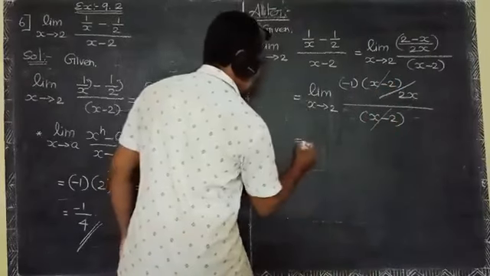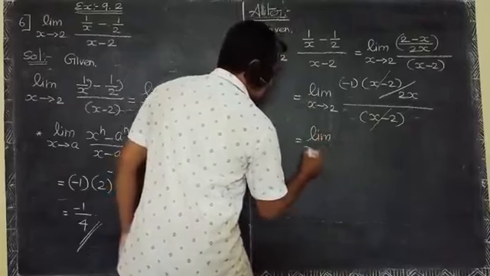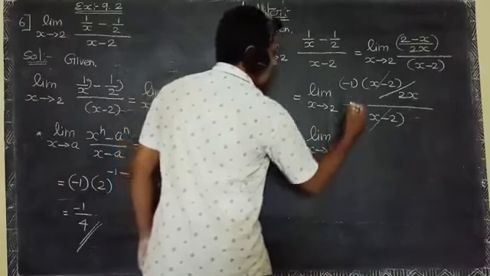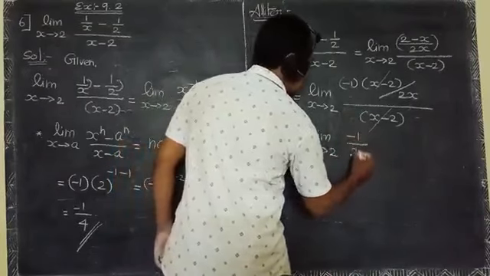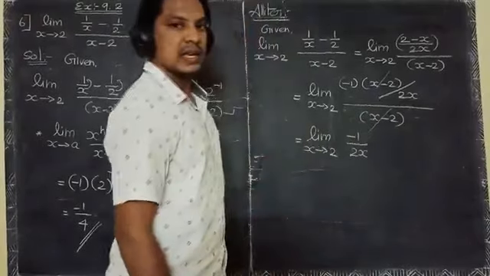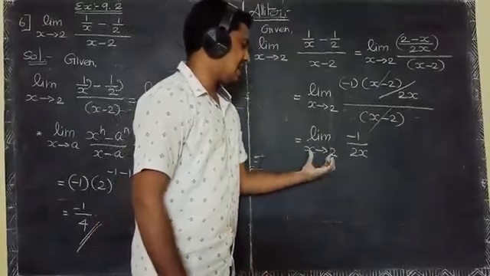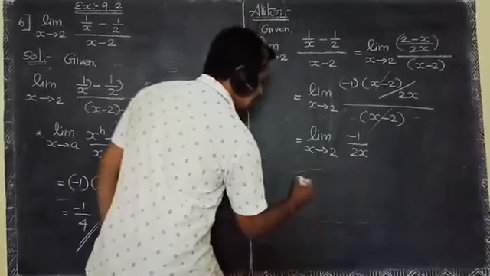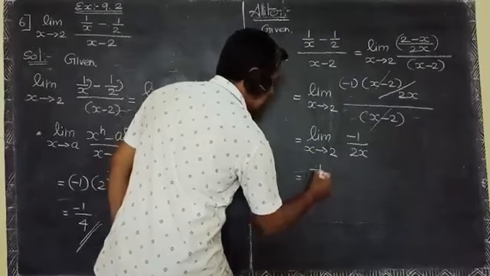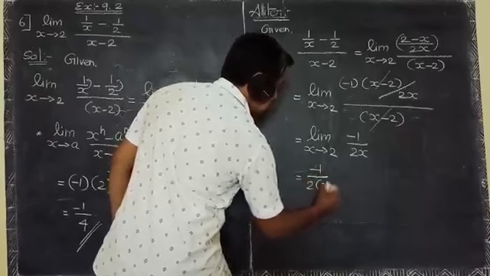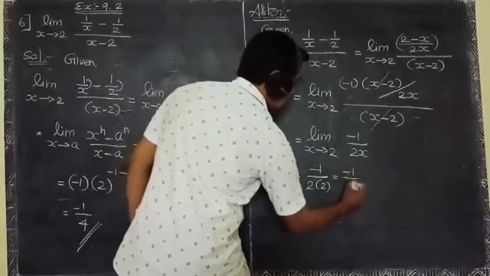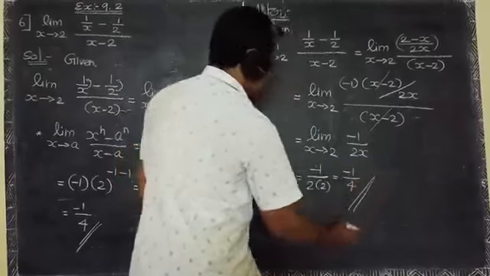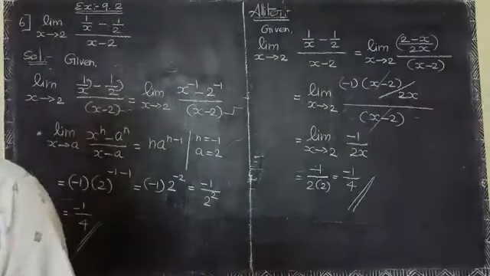Finally we get limit x approaches 2 of minus 1 divided by 2x. Here replace x equal to 2 into the function, that is minus 1 divided by 2 into 2, that is minus 1 divided by 4.